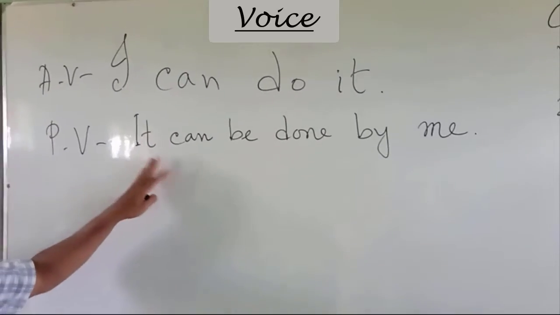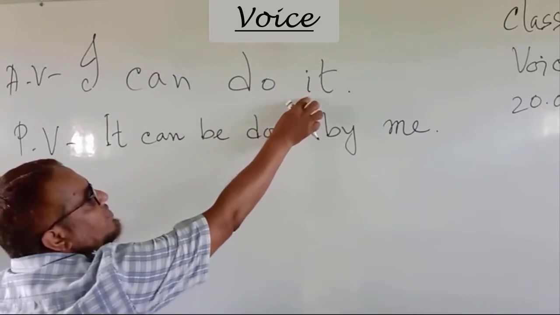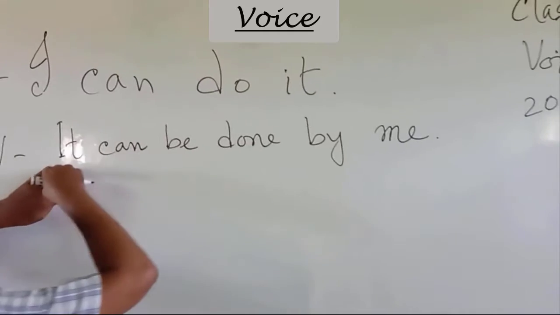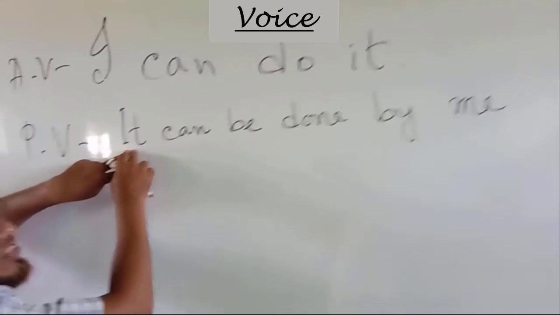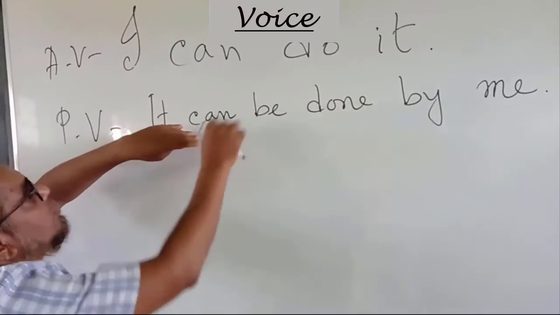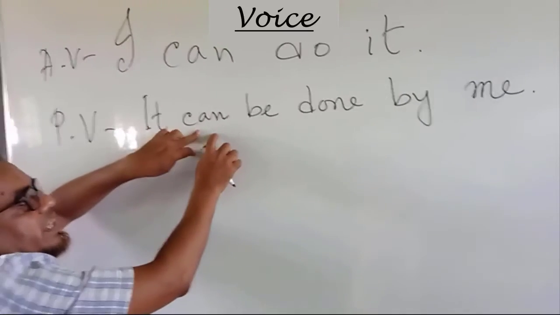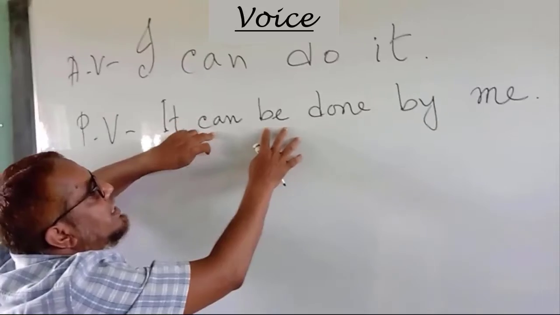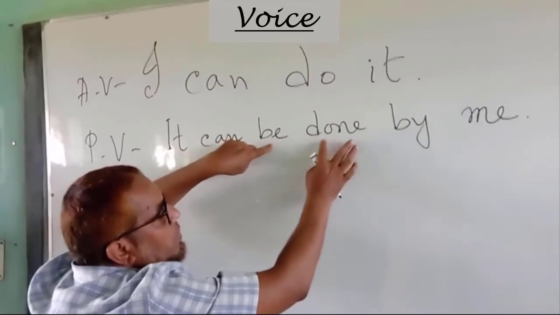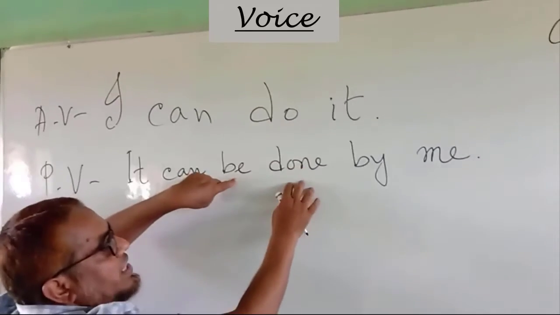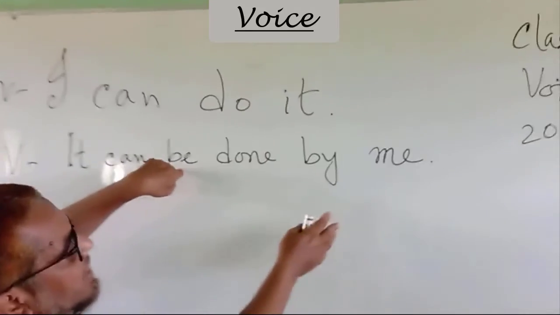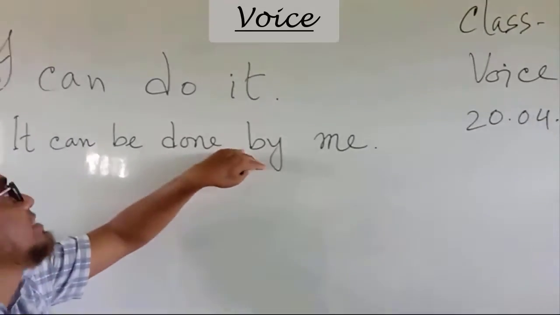Please follow again. It is object and it will come first in passive voice. It will now be the subject. Then the modal auxiliary can. Then be. And then the past participle of the principal verb: do, done. Then in general we put by.